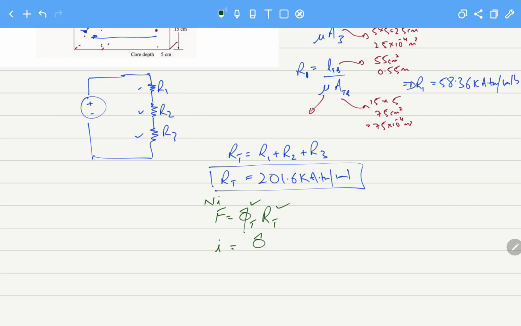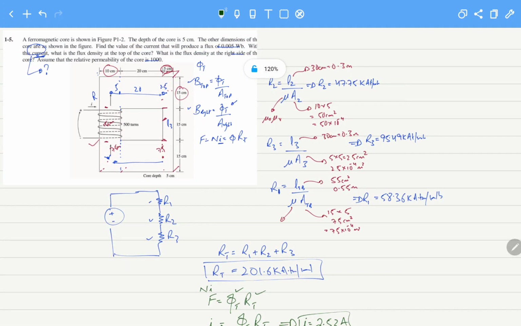So I equals F divided by N. So the value of the current will be 2.52 amperes. Yes. So this will be the current which will be producing flux. They have given us 0.005 Webers.